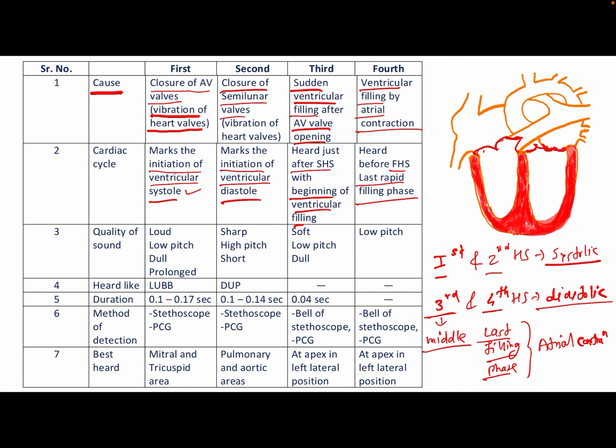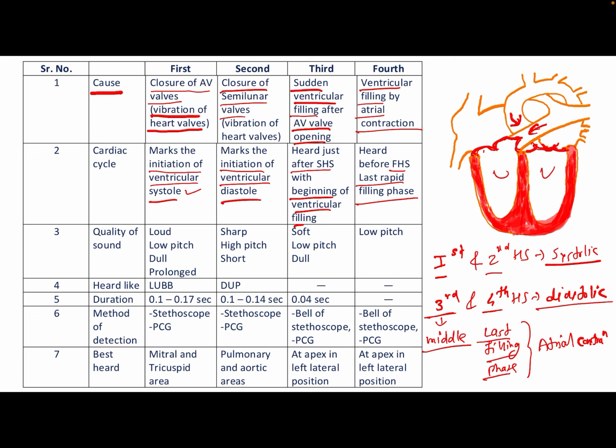So during the systole, the atrioventricular valves close. That is the first heart sound. At the end of the systole, the semilunar valves, that is the aortic and pulmonary valves, close, because the pressure in the aorta and pulmonary artery increases as compared to the ventricles.